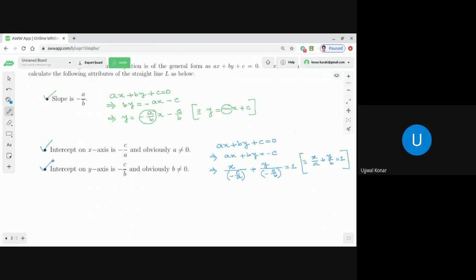And obviously, when we say that the x-intercept is minus c by a, it cannot be equal to 0. If x-intercept we are talking about, it should have a value. So it cannot be 0. Hence, we are able to write it as minus c by a. And similarly, the y-intercept cannot be equal to 0. Hence, b cannot be 0.